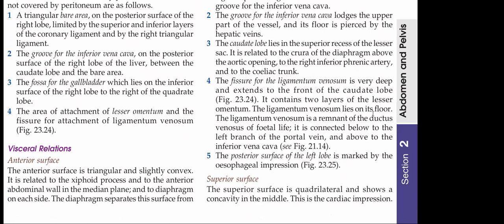The ligamentum venosum lies on its floor. The ligamentum venosum is a remnant of the ductus venosus of fetal life. It is connected below to the left branch of the portal vein and above to the inferior vena cava. The posterior surface of the left lobe is marked by the esophageal impression.